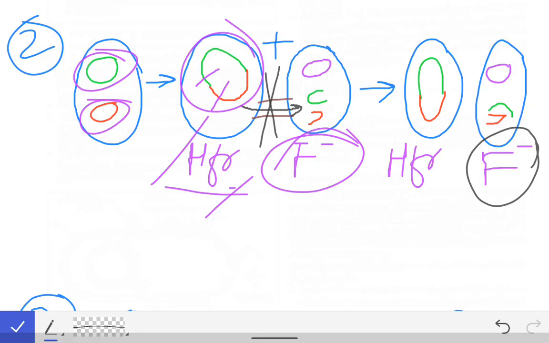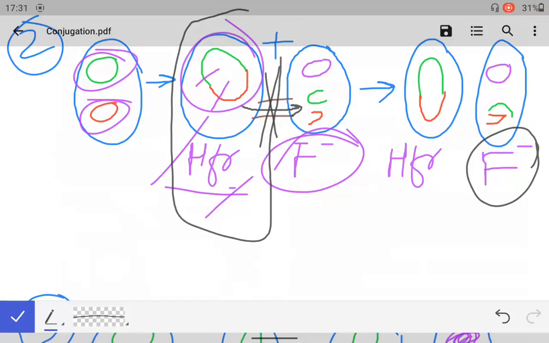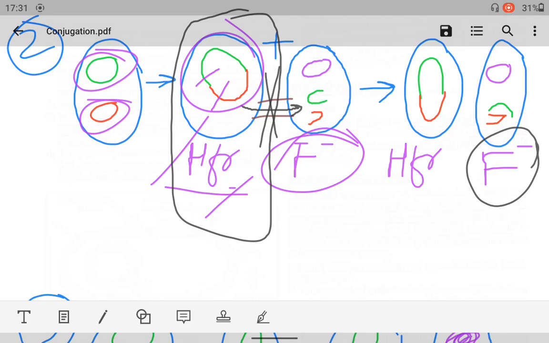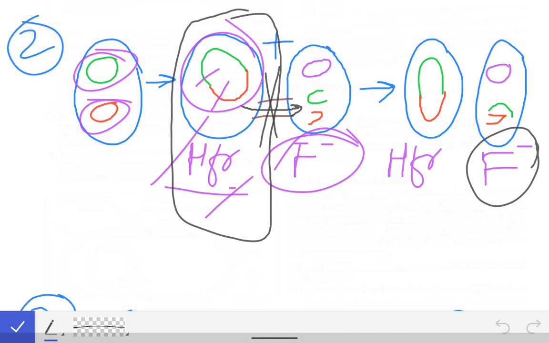But why is it called high frequency recombination? This is because this type of cell has a higher rate of recombining with F minus bacteria than the F plus cells. Remember the concepts, na?